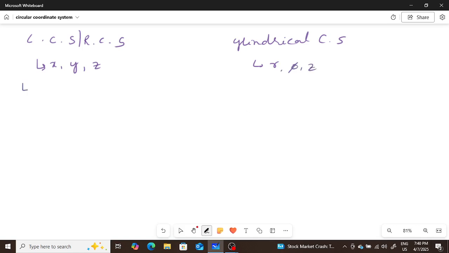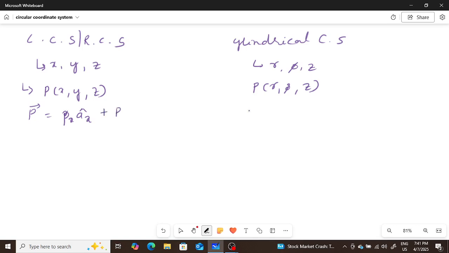So for this we will be writing the position vector. Say for example, P is a vector having x, y, z, and here P is a vector having r, φ, z. The P vector will be written as Px ax, or you can also write directly x ax.